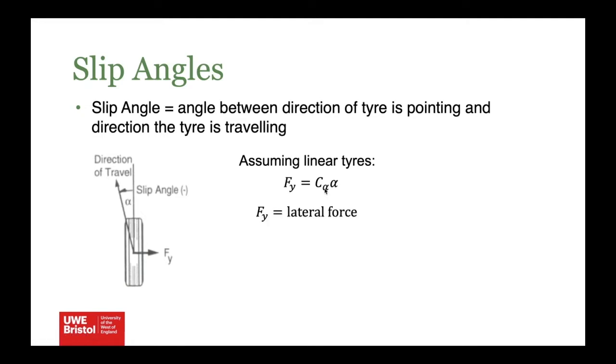We covered that last week, and so the lateral force is Fy. The cornering stiffness is a constant that's a function of the tyre and various characteristics of the tyre, and alpha is the slip angle.